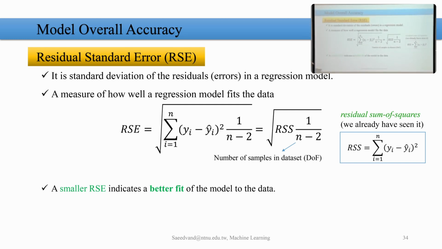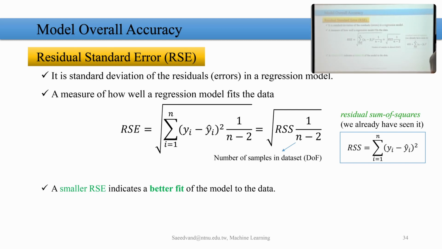So by looking at this, if we calculate the residual sum of squares, we say that a smaller residual sum of squares indicates a better fit. It's clear here. If this is smaller, my model has less error, right? The error is low. But here, with linear regression, it is very hard.